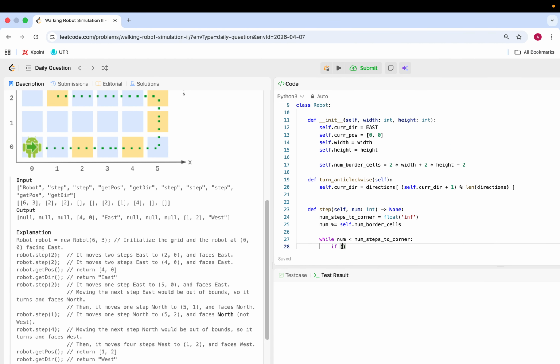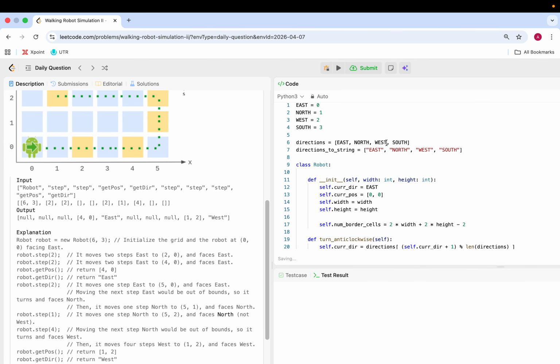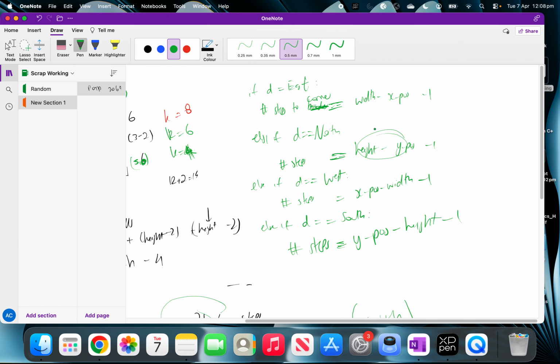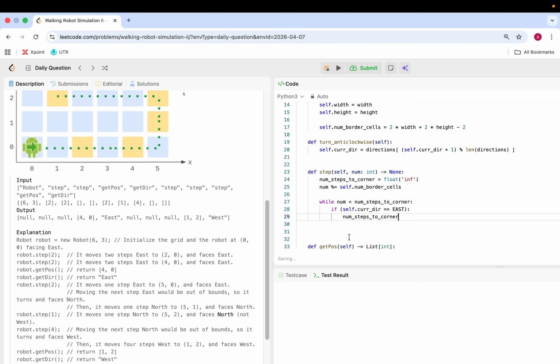If self.current_direction is there a switch case in Python? There's like match or something, at least. This value. Oh man, is this gonna work? I'll write this out first.